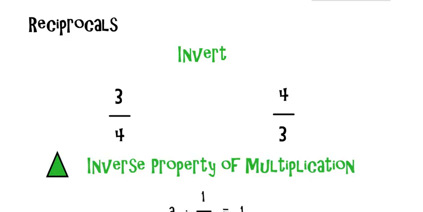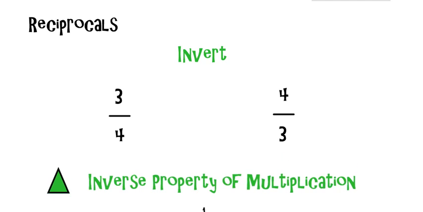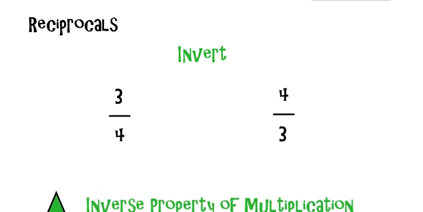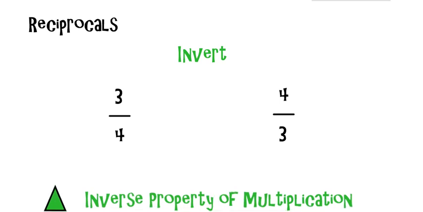From there, we get into what's known as reciprocals. When it comes to reciprocals, we can talk about inverting a fraction, and eventually it leads us to this principle, which is going to be the inverse property of multiplication.